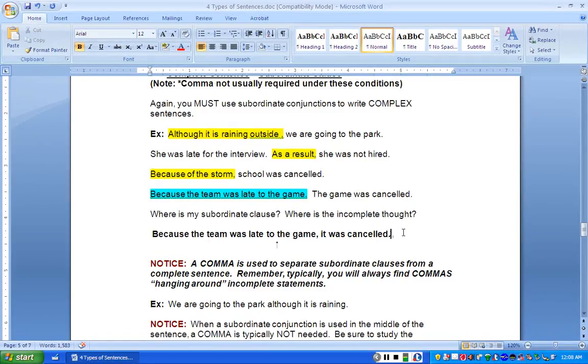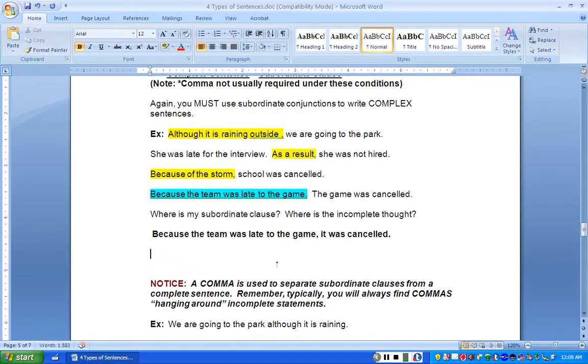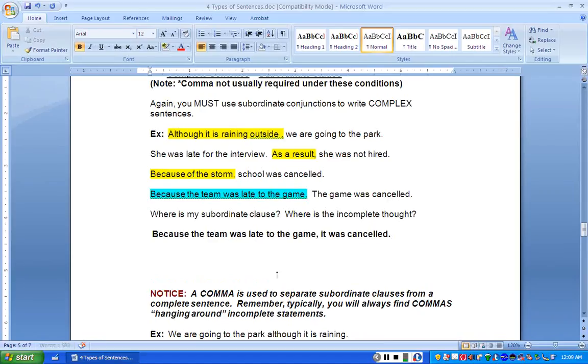Now, let's say, which is the second type, remember what I told you before. If I put my subordinate conjunction, the word because, in the middle of the sentence, what goes away? I don't need my comma anymore. So let's think how we can do this.